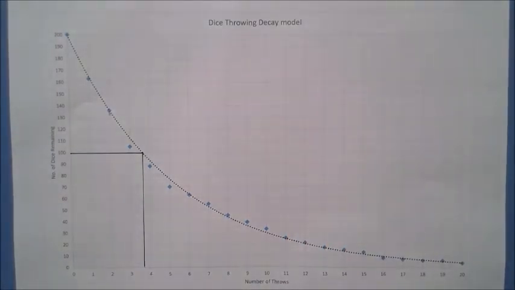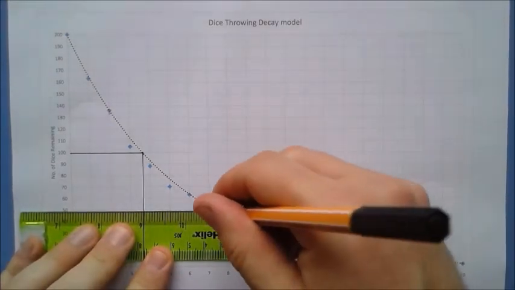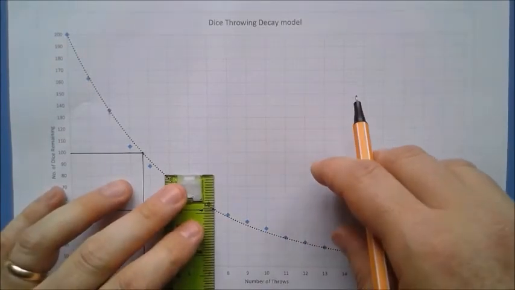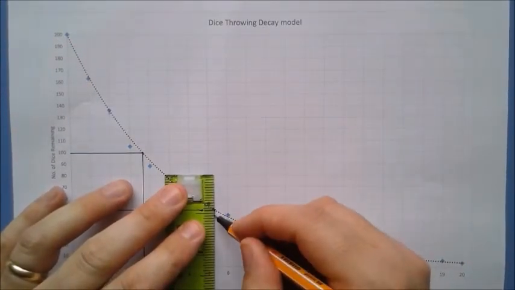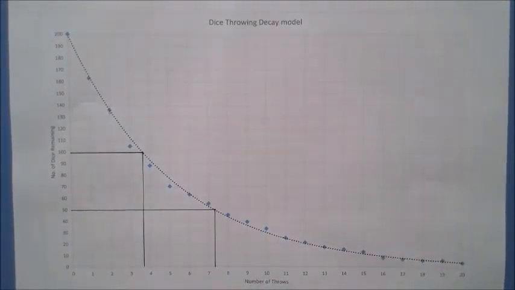If we go down then to 50, which is half of the 100, we get to just over 7, which is another 3.5. And in theory we can go down again.